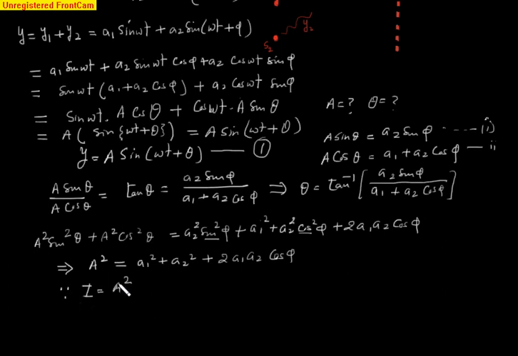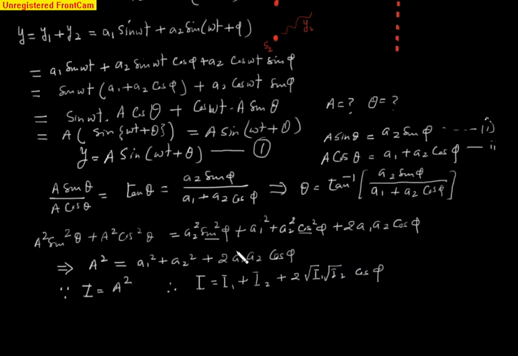Therefore this expression is telling us that the total intensity on the screen, whether it is this reddish point or this blackish point, will depend upon the intensity due to the first source plus the intensity due to the second source plus twice square root of I1, square root of I2, then cos of phi.